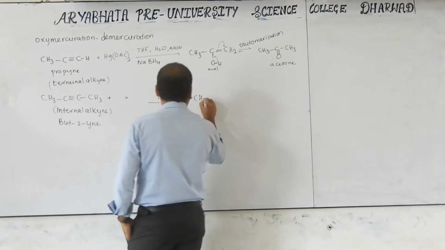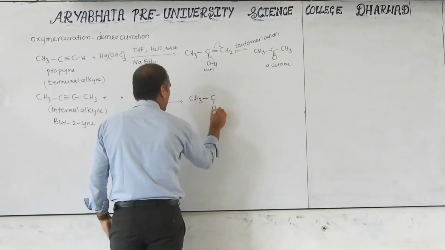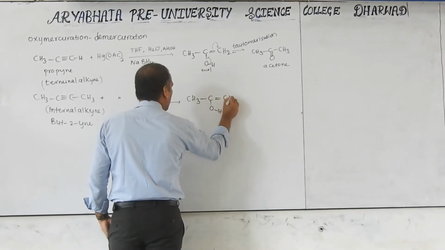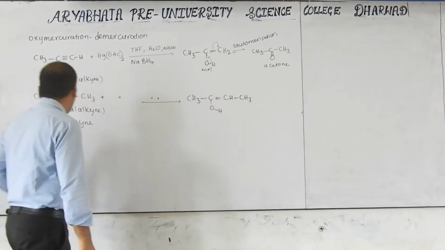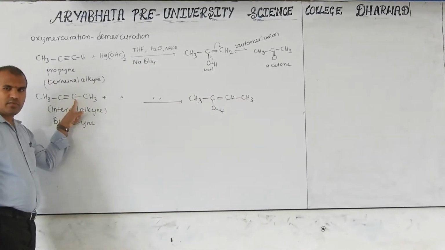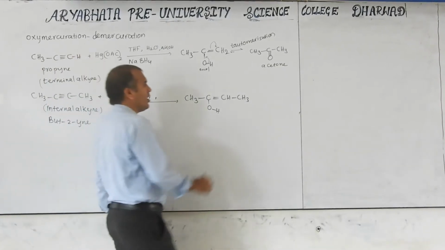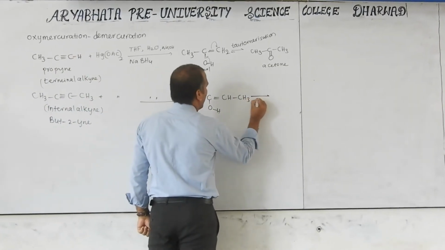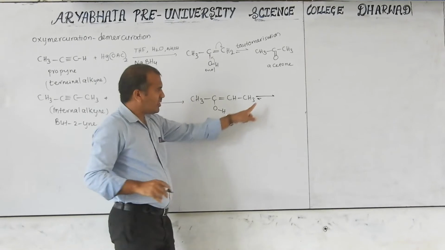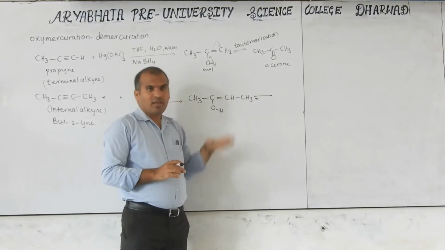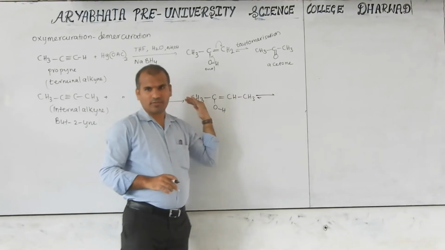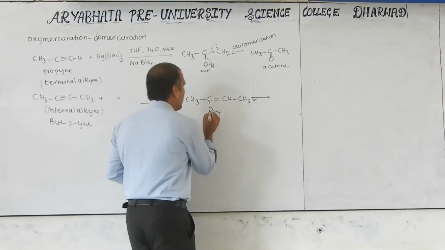Then we get CH, OH, double bond, CH, CH, like this enol form, with OH on one side and H on the other. Then we get the enol form. Immediately it converts by tautomerization. Actually, the equilibrium sign is the same symbol only, but I showed one arrow bigger and one smaller because forward is major compared to backward. Then it converts into the keto form like this.